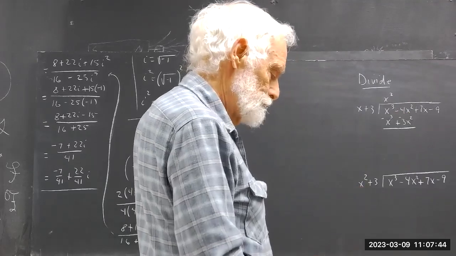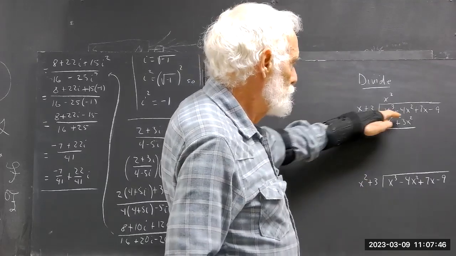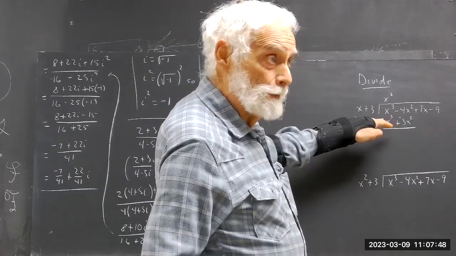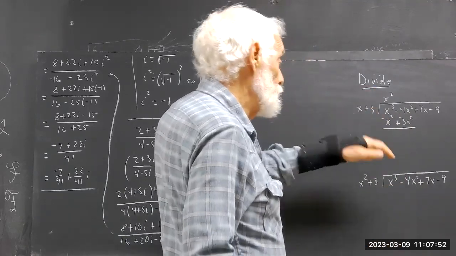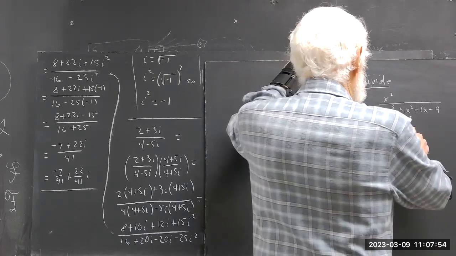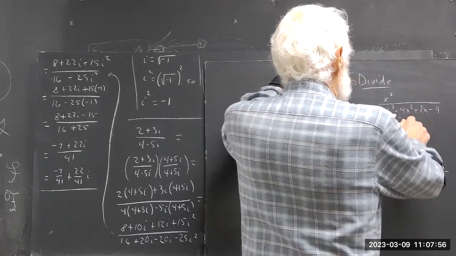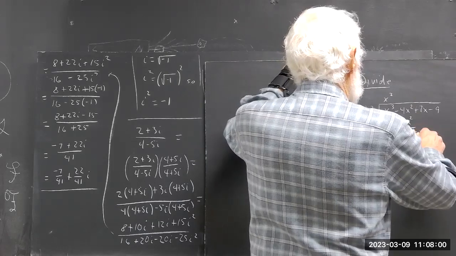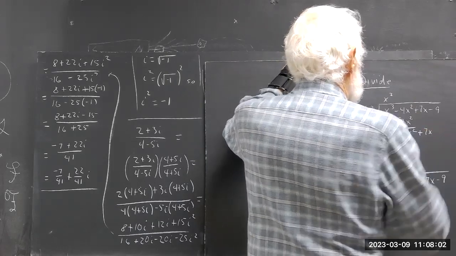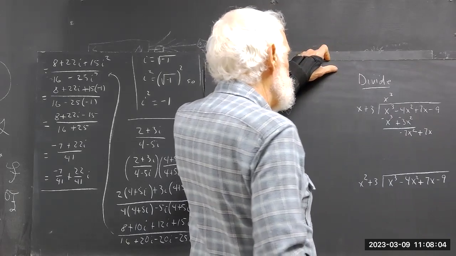And you can put a little tiny sign up here for what you're really going to do when you subtract. So you're going to do negative 4x squared minus 3x squared is negative 7x squared. Then you're going to have a 7x.